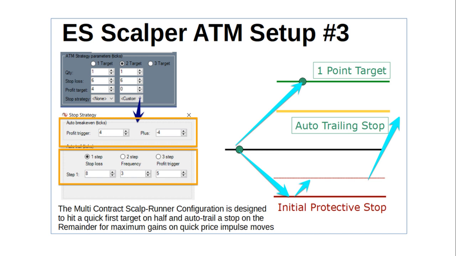And notice in column 2, the second target on that custom is basically saying, okay, the remaining contract, when it hits 4, then bring the stop in to 4 under our entry. What that does is get you to virtual break even.